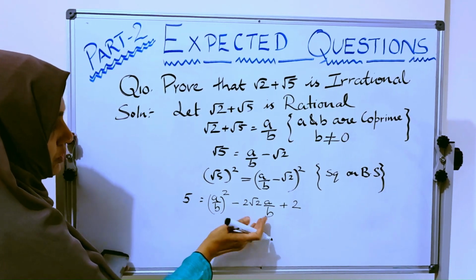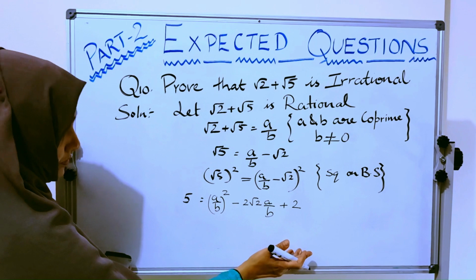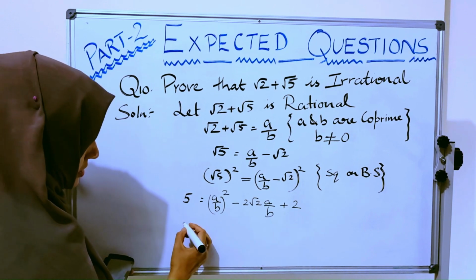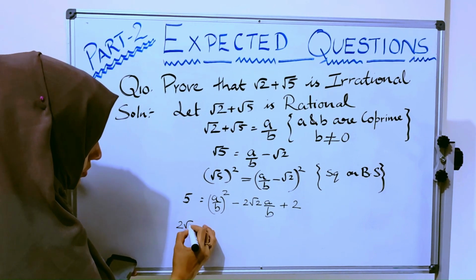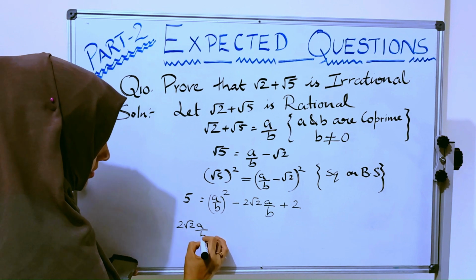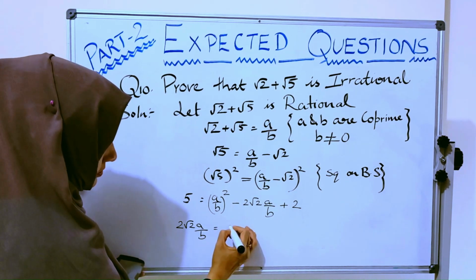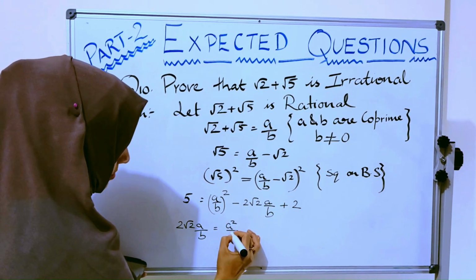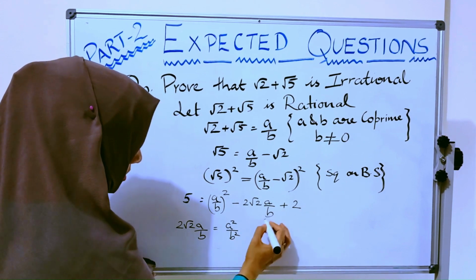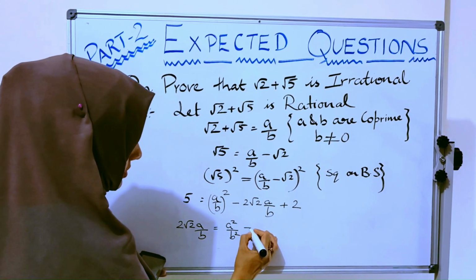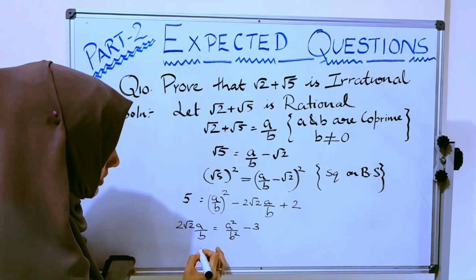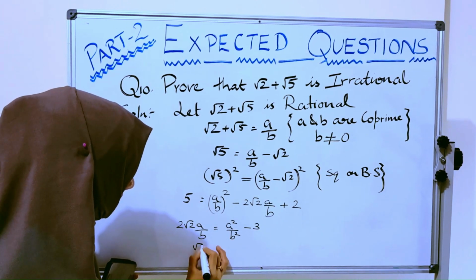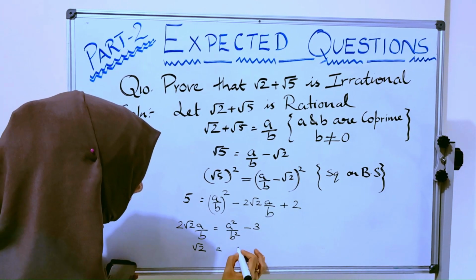Take this root 2 term to the other side and 5 to the right hand side. So 2 root 2 a by b is equal to a square by b square plus 2 minus 5, which is minus 3.